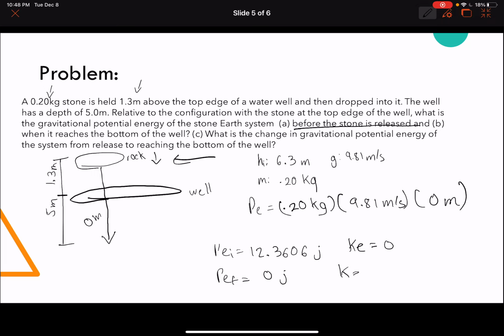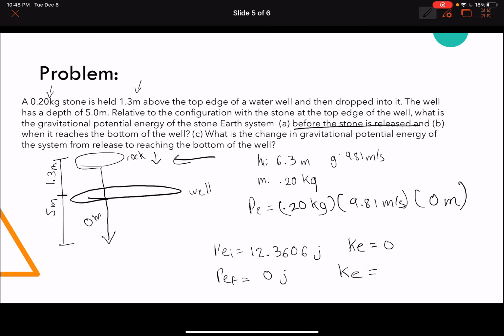So we can see that PE final is going to be 0 joules. For instance, we can calculate what our kinetic energy would be using the formula 1/2 times mv squared. But we know that energy is conserved. It's the principle of conservation of energy.